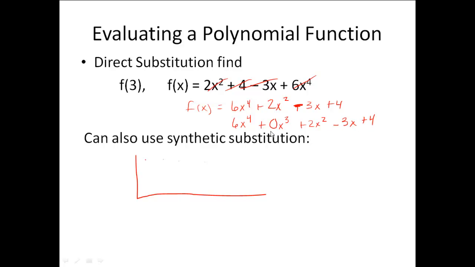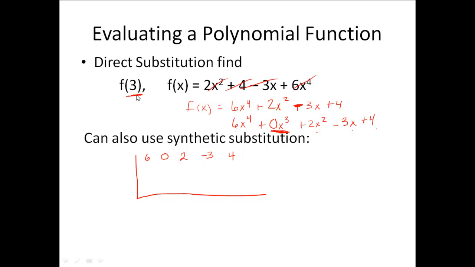So I would just need to be aware that there's 0 x cubes, because when I do synthetic substitution, I have to include every single position. So since I start with the 4th power, my next number has to be the 3rd power's coefficient, then the 2nd power's coefficient, then the 1st power's coefficient, and my constant. So I would have 6, 0, 2, negative 3, 4 going across the top.